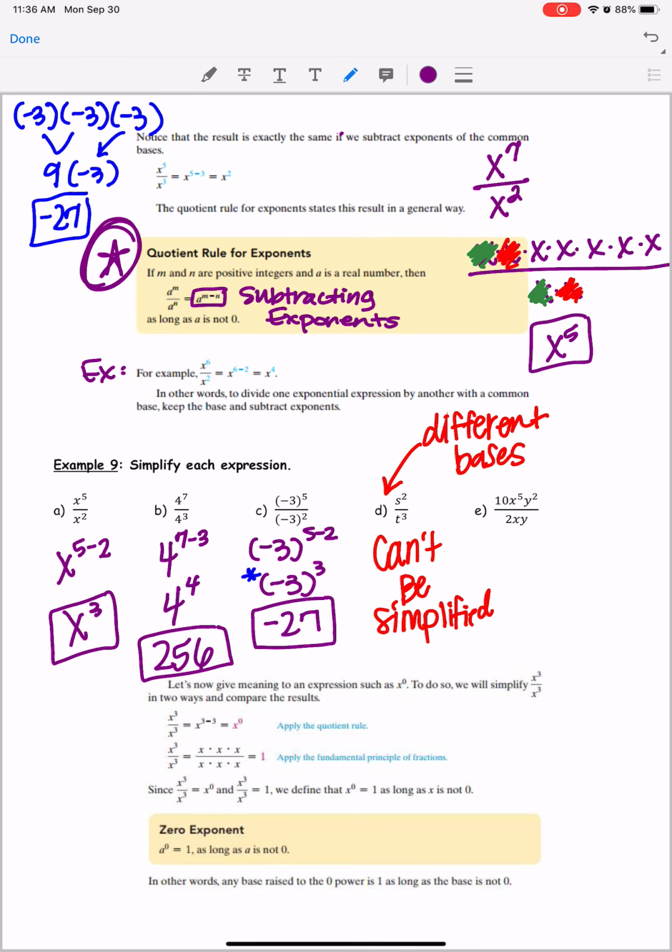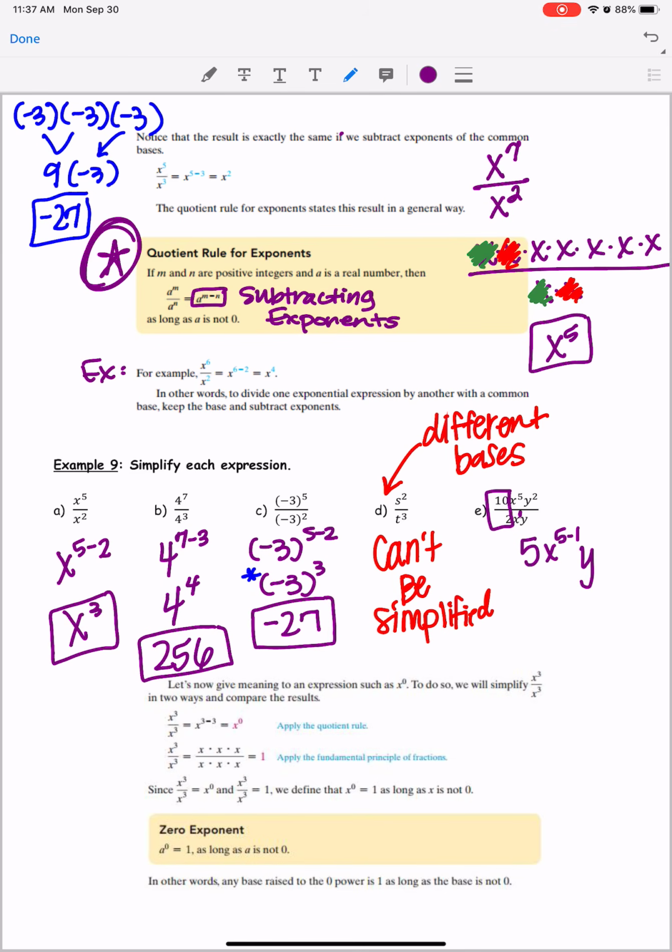And then lastly on E, we've got 10 over 2. Well, what is 10 divided by 2? That is 5. So treat those numbers just like we always have. Then subtract your exponents with the like bases. We've got x to the 5th. We're going to subtract that with 1 because that's x to the 1st power.